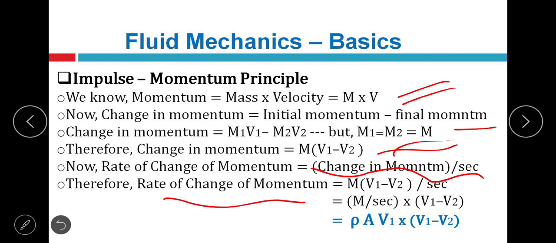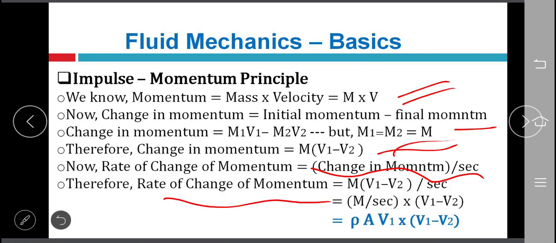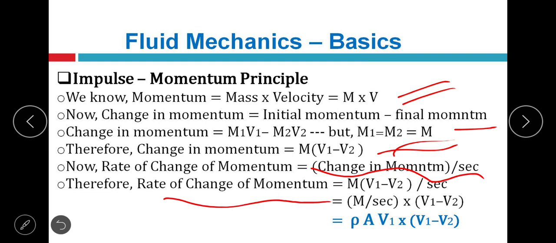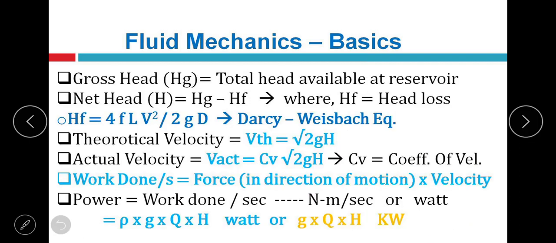Therefore, rate of change of momentum is equal to M whole multiplied by (v1 minus v2) per second. M per second we can rewrite, multiplied by (v1 minus v2). But M per second is equal to rho a v1, multiplied by (v1 minus v2). Clear?